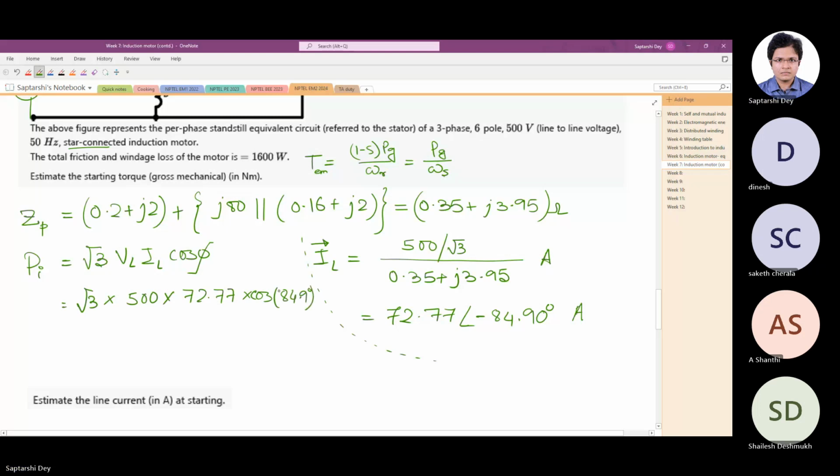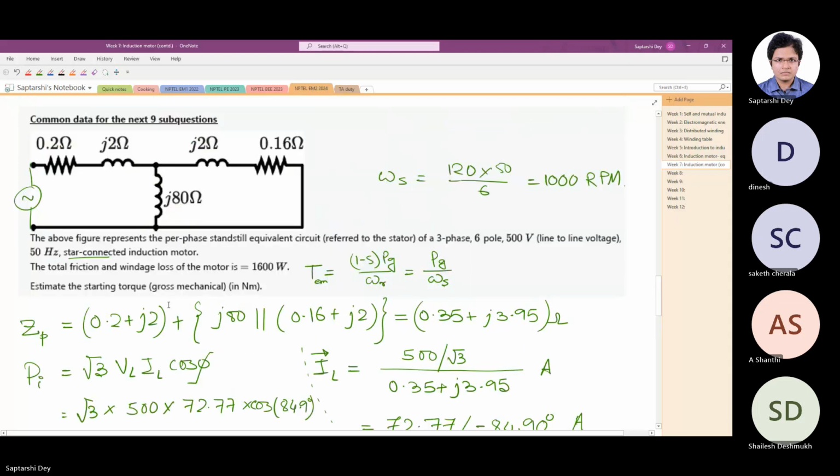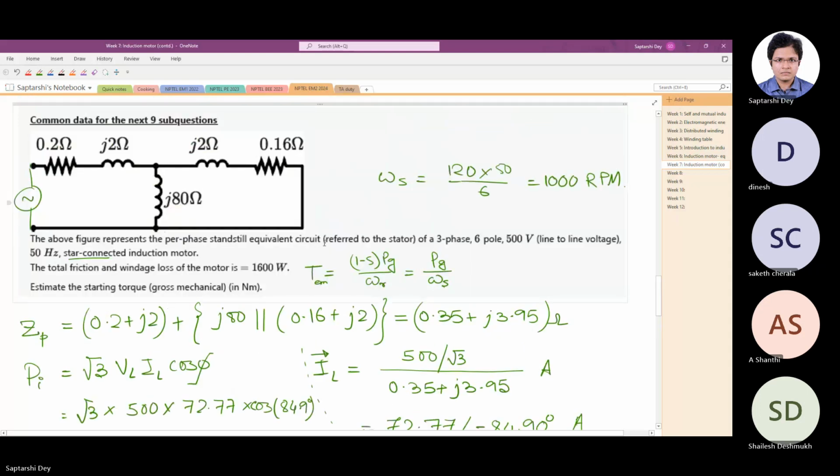This is the input power, and from input power we have to subtract the stator copper loss.